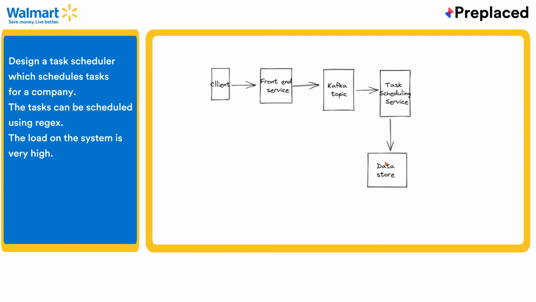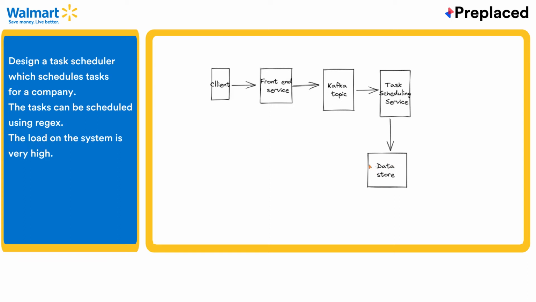We can have an RDBMS where we can store the task along with the time of execution, and there can be another service which will be checking every minute whether there is any list of tasks for which the execution time has come, I mean, the clock has struck the time.